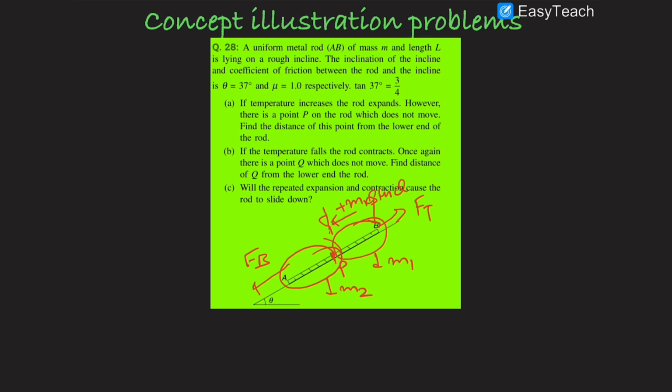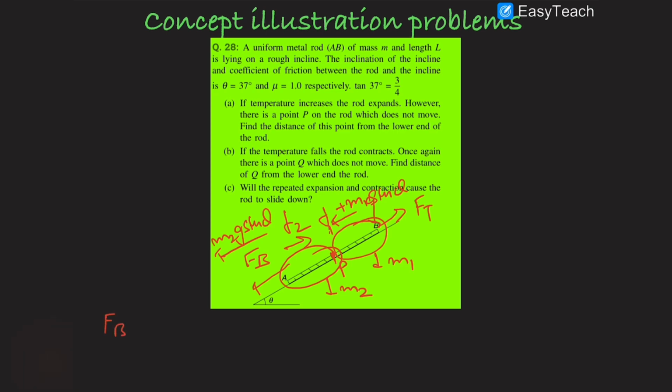And when this part is moving, m2g sin theta will be acting in the downward direction, while friction will be acting in the upward direction. Okay, so net force is 0 because these parts are moving very slowly.